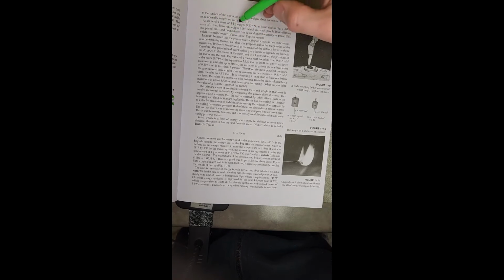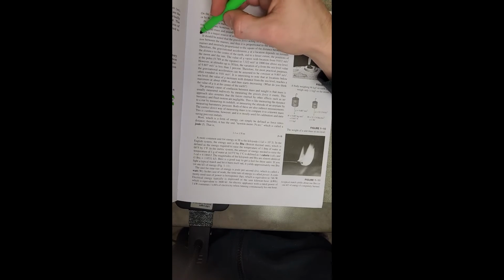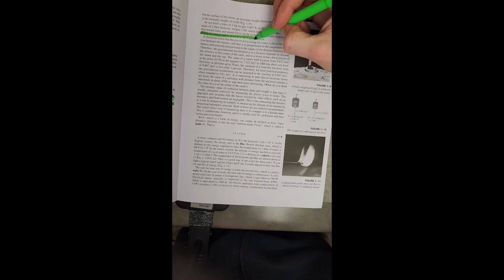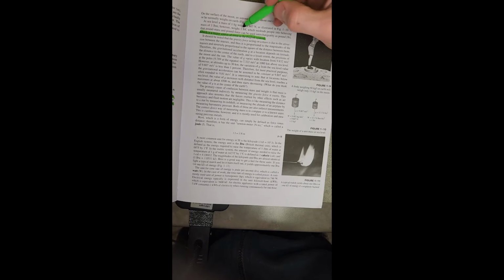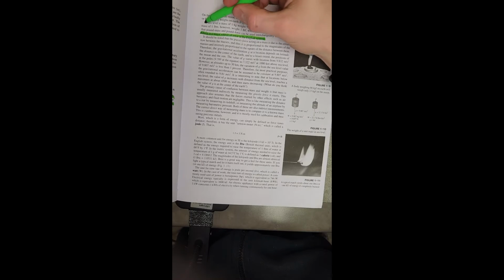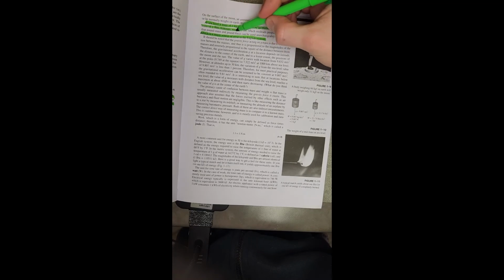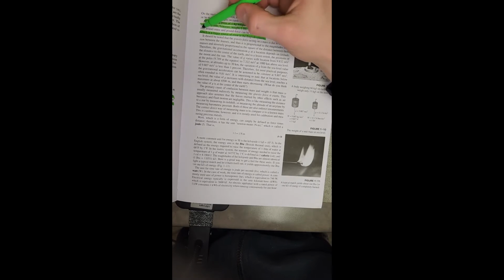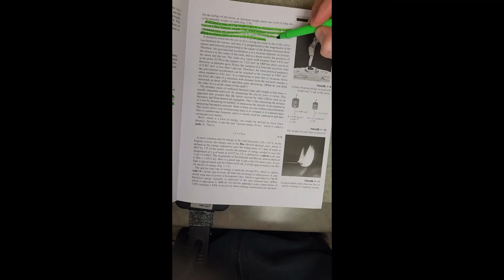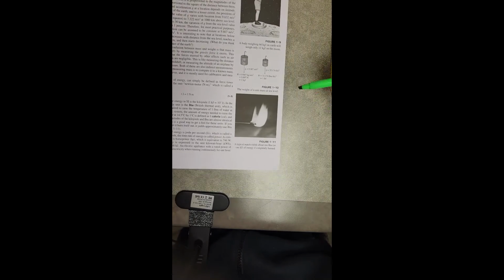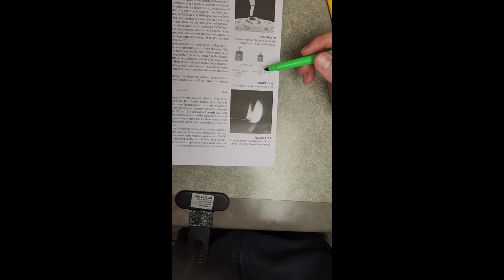That seems pretty important. So lbf does not equal lbm. One lbf is 32 lbm.